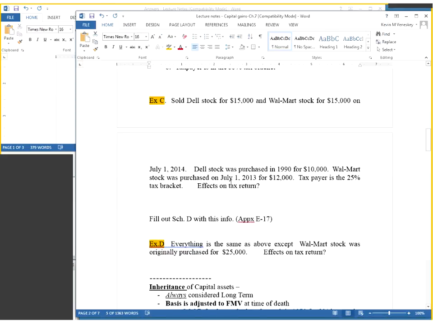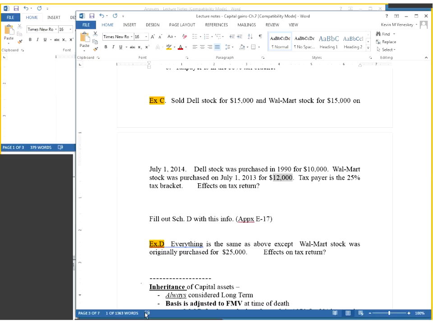C, sold some Dell stock for $15,000 and Walmart stock for $15,000. So we brought in $30,000. The Dell stock was bought a long time ago, and we would have had a gain of $5,000. The Walmart stock was purchased right at a year ago, and the rule is anything over a year is long-term, anything right at a year and less is considered short-term. So this would be considered short-term, and we also had a gain. So a $5,000 gain and a $3,000 gain.